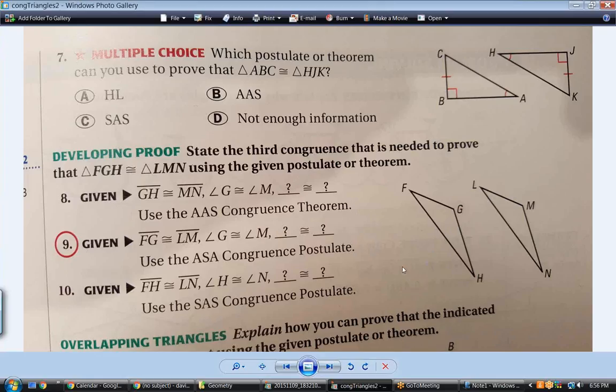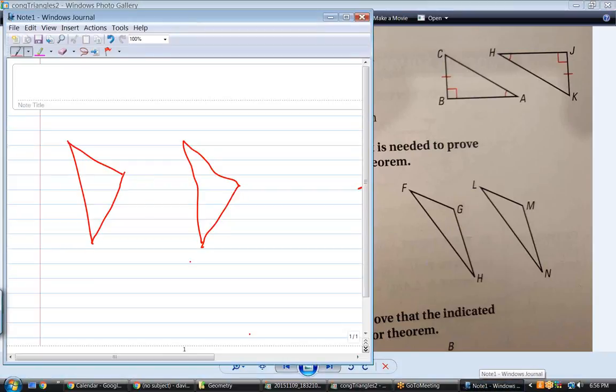They've said that GH is the same as MN. So this is the same as that. And they've said angle G is the same as angle M. Now, your first response was that H needs to be equal to N. But if that were the case, what kind of congruency would we have?